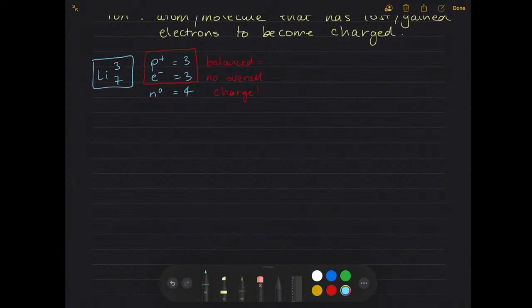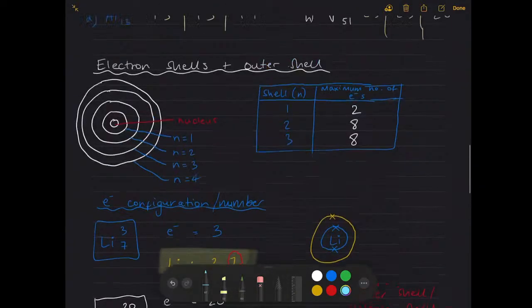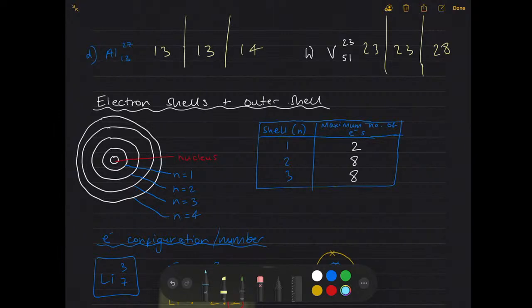But what happens if we lose an electron? So for example, if I had Li+, well, the first thing is that in terms of the structure of this atom, it is far easier for you to lose electrons on the outside of the atom than it is to lose protons or neutrons from the middle, the nucleus.